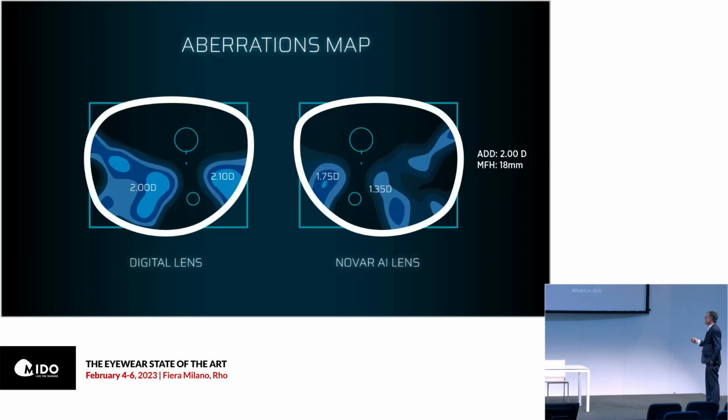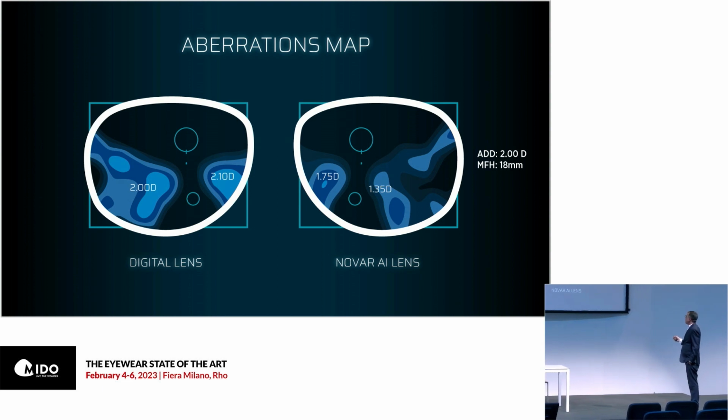So this is a real example, it's not Photoshop. It is an aberration map for a lens with addition 2 and a minimum fitting height of 18. This is a standard lens. On the temporal side we got 2 diopters and 2.1 on the nasal side.